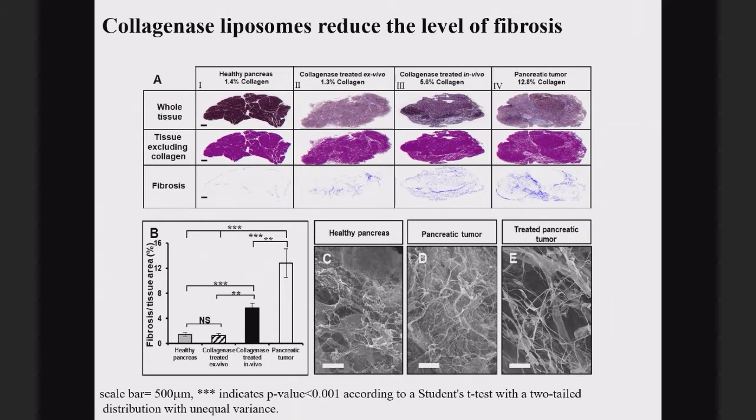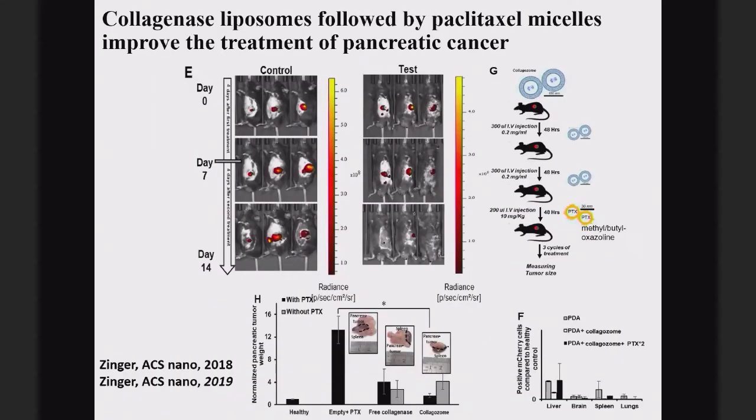When we tested this in vivo, published in ACS Nano just a couple of years ago, we injected these liposomes first with collagenase, then treated with a liposome with paclitaxel, a nanoparticle paclitaxel, and we were able to improve the therapeutic outcome in treating pancreatic tumors.